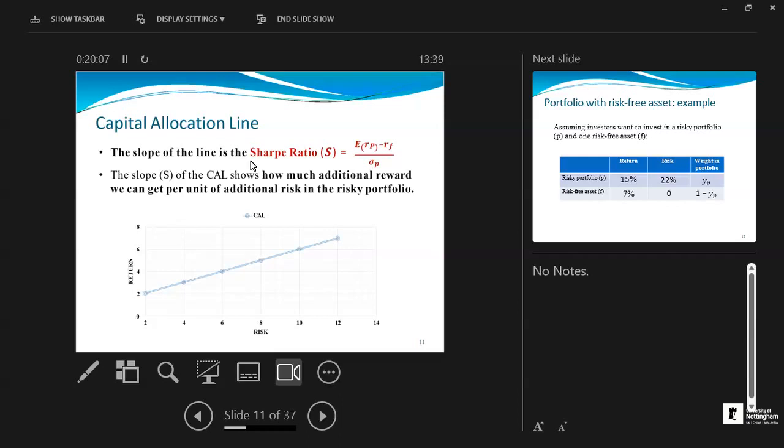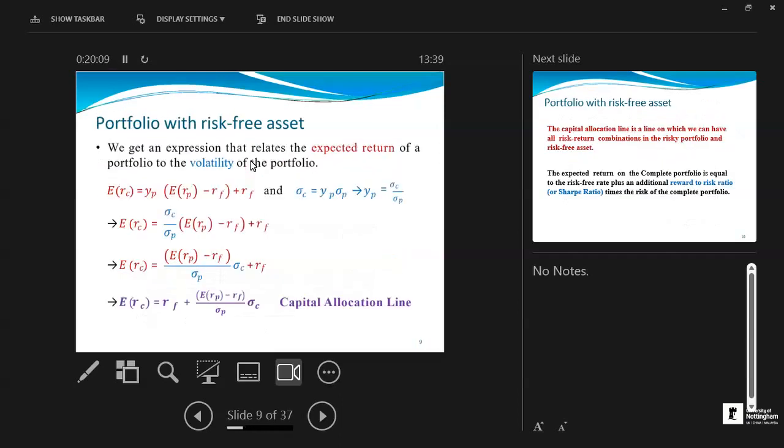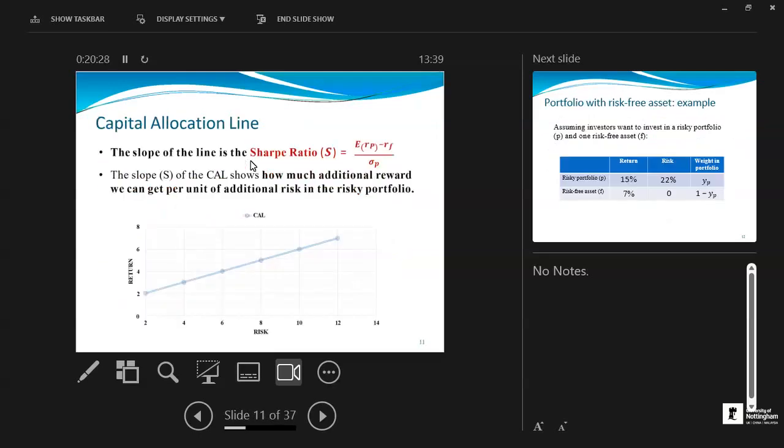So if I take you back to this equation, this term here is the Sharpe ratio, which is the compensation that you are getting for investing in a risky portfolio. So what is the compensation?